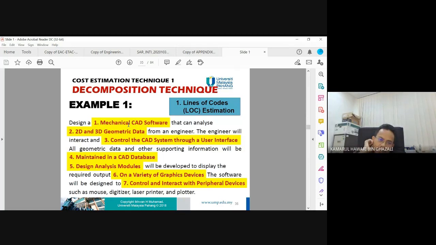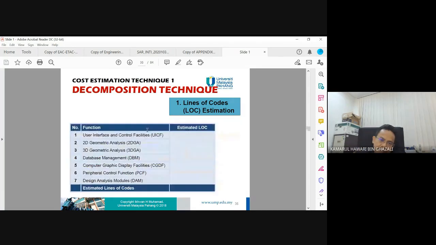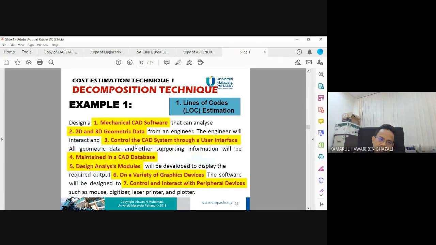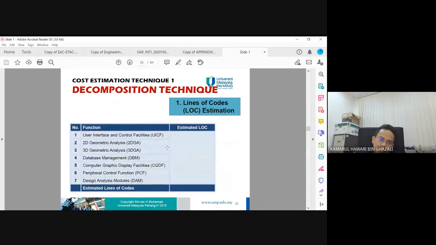Design analysis modules will be developed to display the required output on a variety of graphic devices. The software will be designed to interact with and control peripheral devices such as mouse, digitizer, laser printer, and plotter. So this is the example of the decomposition technique of lines of code estimation.